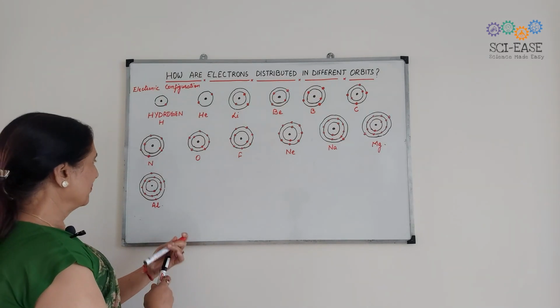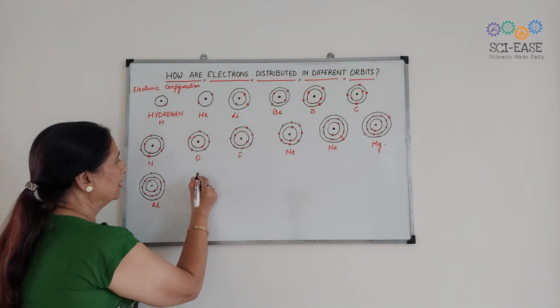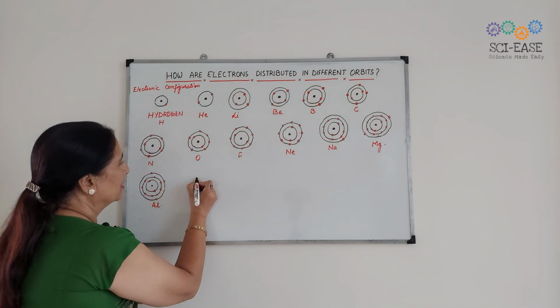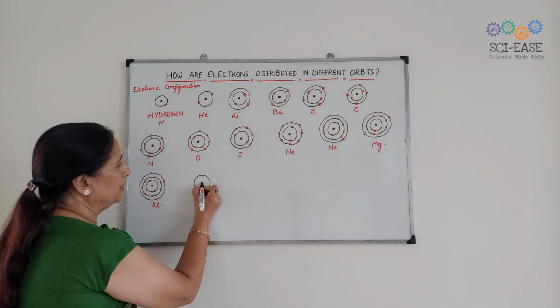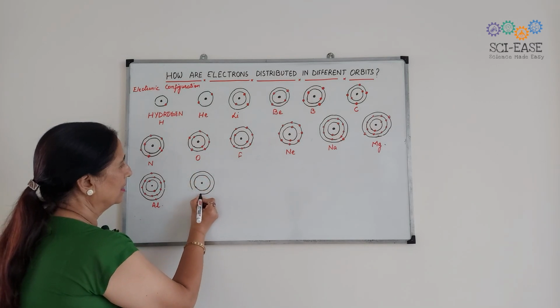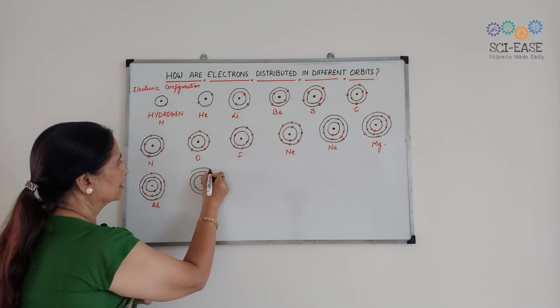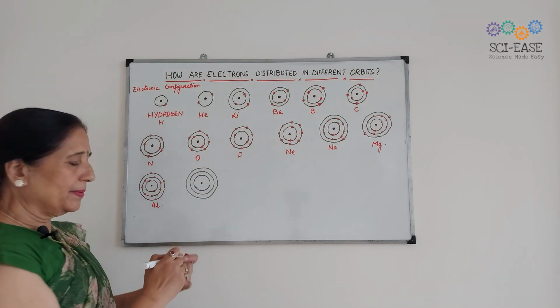So the diagram: this is the first shell, this is the nucleus, the second shell, and this is the third shell. Okay?